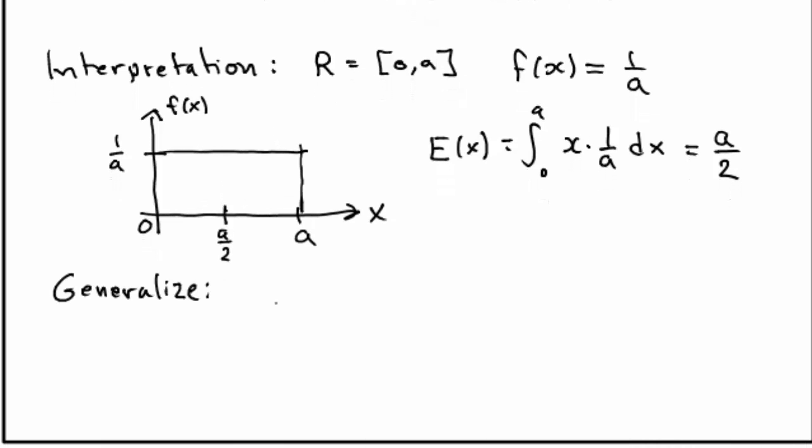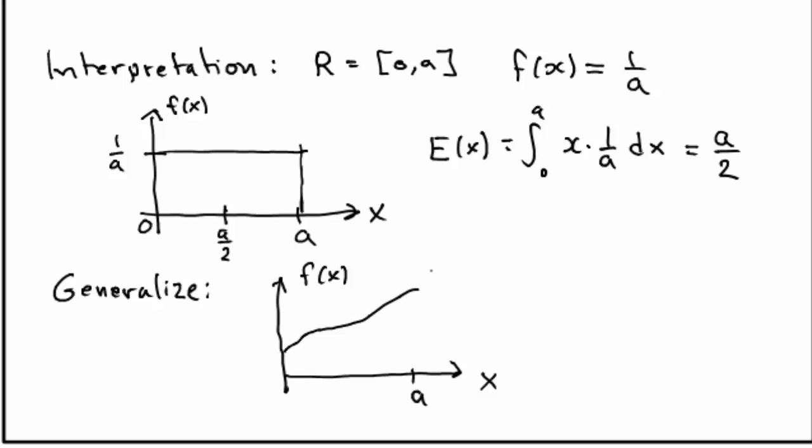So let's generalize this. Let's now consider an example where f of x is not constant. The x's are not equally likely, but we keep the range to be from 0 to a. So I have my f of x, but now it's not constant. Maybe it looks perhaps something like this. The area is still 1. The way you can think about the expected value of this random variable is as the weighted average of the numbers between 0 and a, and the weight is determined by f of x.